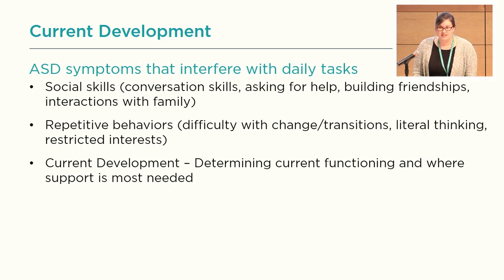Do they have really restricted interests that are taking up all of their time and interfering with their ability to complete schoolwork or something? And then other areas of current development, such as their motor skills and self-care skills, in order to determine current functioning and how we can best support them.